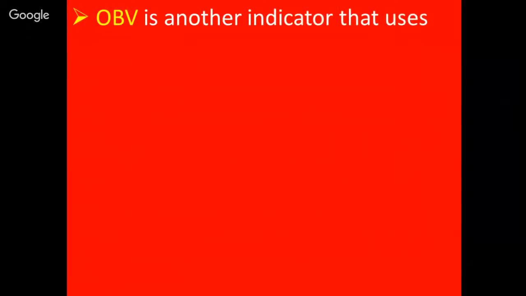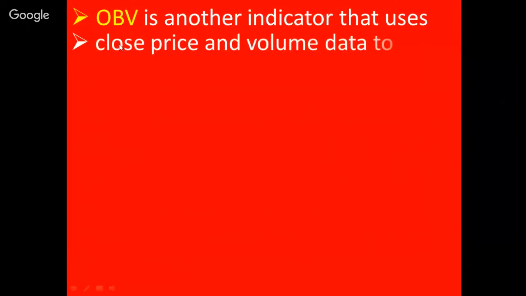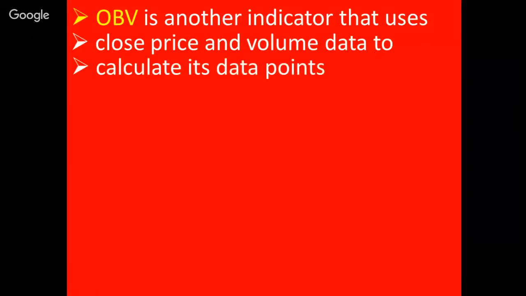Similarly, on balance volume, or OBV, is another indicator that uses close price and volume data to calculate its data points.